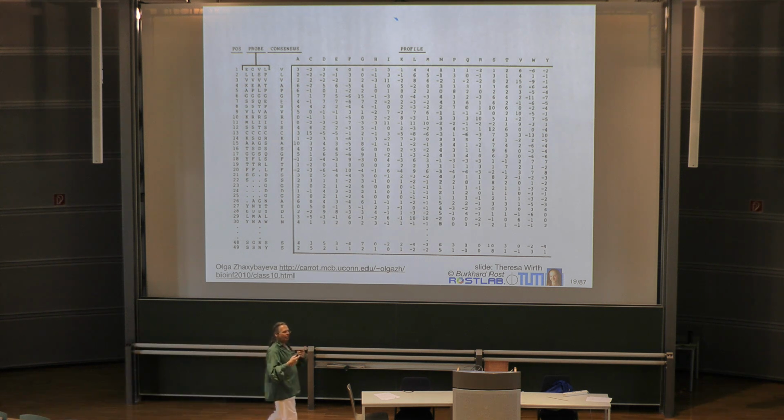Now I simply look up this count, build a probability, and convert the probability to log odds. At that point of the transition, the probability is just a count. So in the count here, I would say 100% is a V. In this point here, I would say 50% is L, 25% is S, and 25% is P. That's the simple count. And then I have to transfer this count to log odds. Log odds essentially means what's the probability of randomly putting an L there. And ultimately that has to do with how often I see L in the database, or how often I see L in that family.